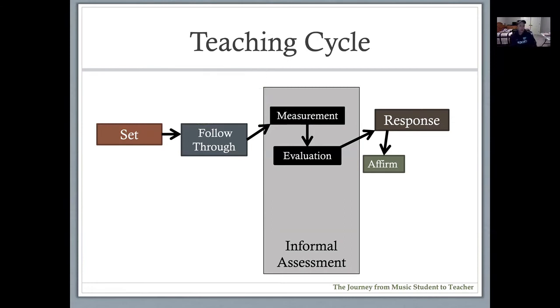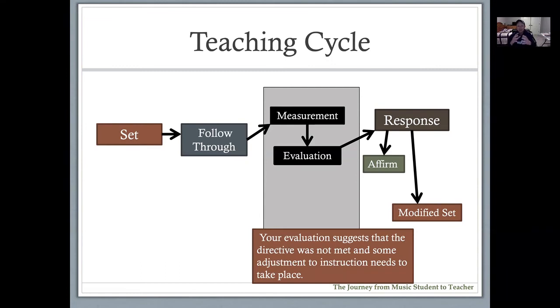Okay, now there's another option. We could do a modified set. A modified set suggests that the directive wasn't met and some adjustment to instruction needs to take place, which means I give you the directive, it wasn't quite what we needed, so now I have to go back and think, okay, where do I adjust my instruction a little bit?